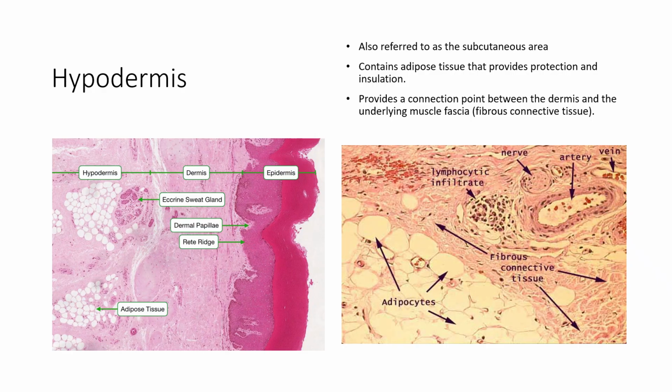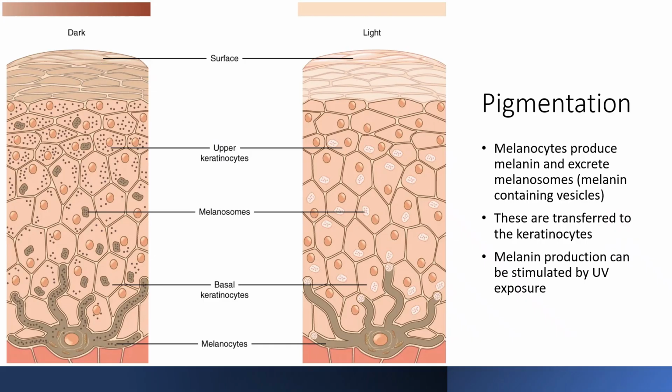and things like that. Okay, so when we talk about pigmentation of the skin, melanocytes are those cells that produce melanin. They excrete these little vacuoles. Remember, we call those kind of somes, that terminology for endosome, when we're bringing something into the cell.